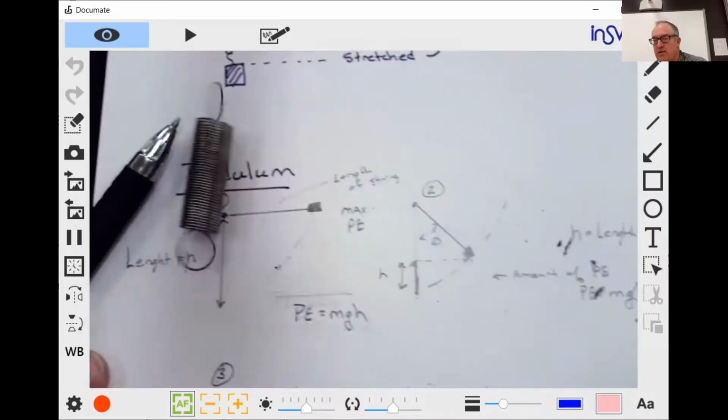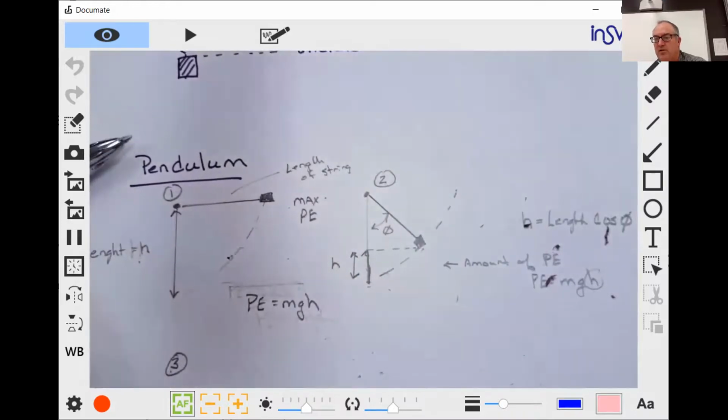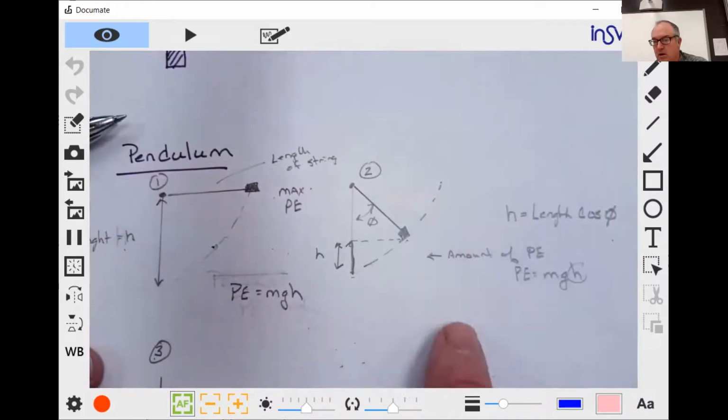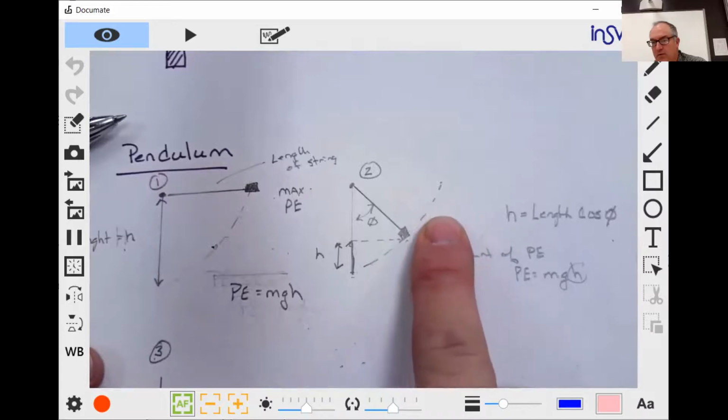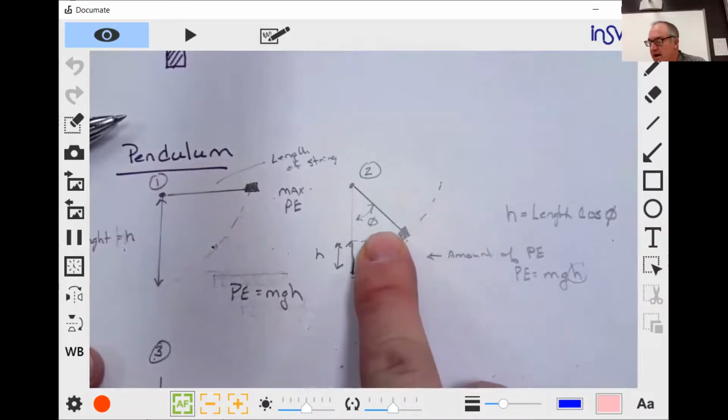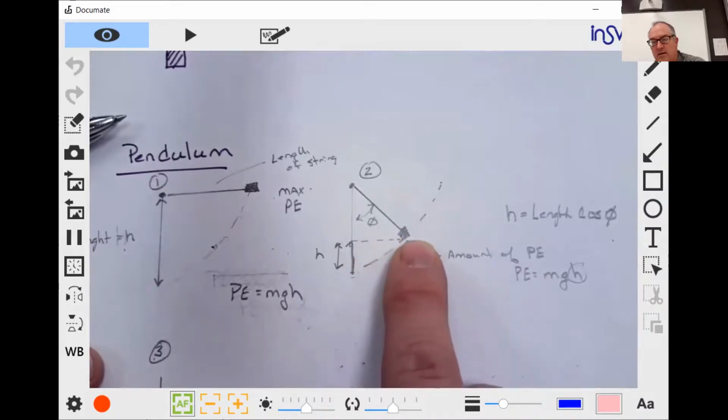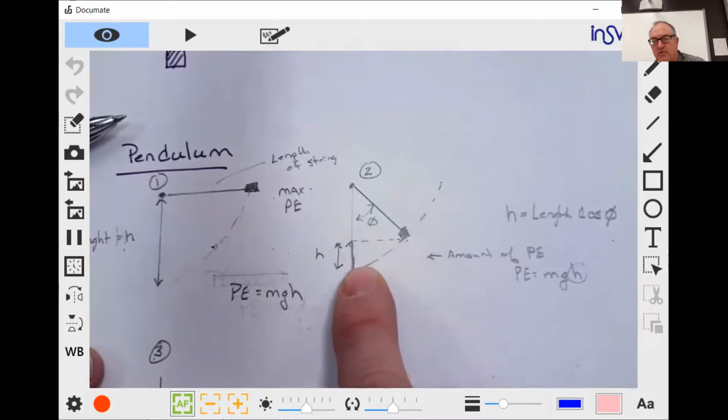The part that takes a little more work is if we're partway down. Let's say we're at an angle of 30 degrees. We still have some height that this pendulum can fall, and figuring out that height is sometimes a little more difficult.